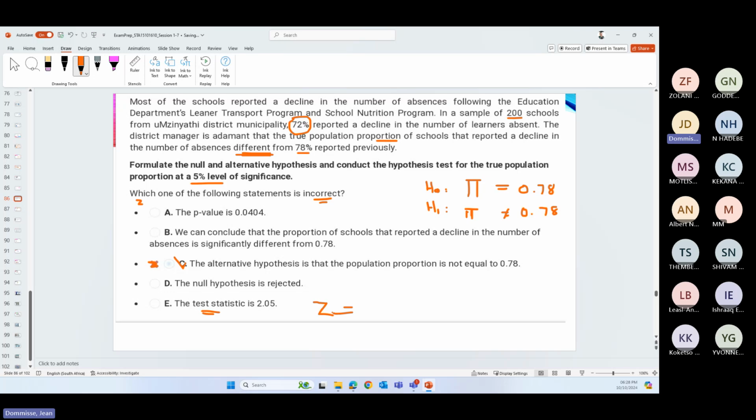Remember, this is a proportion, so we need the proportion formula. Let's quickly see, have I written it down somewhere? It doesn't seem like it, but let's look at what we did in study unit 7 and 8, because that will be exactly the same.